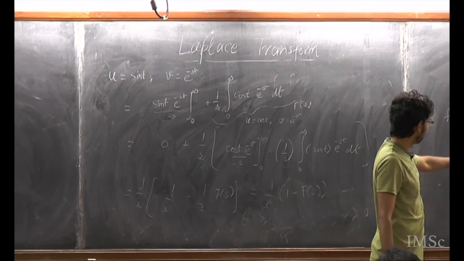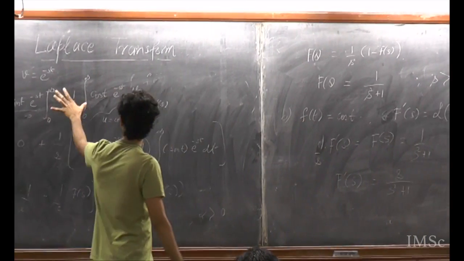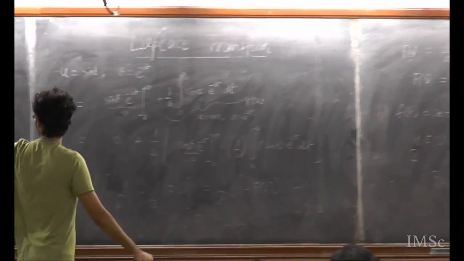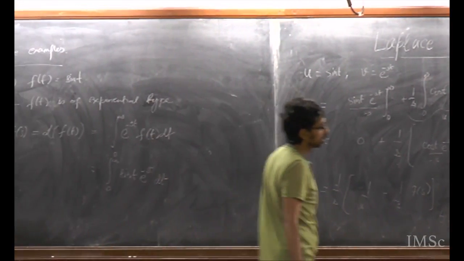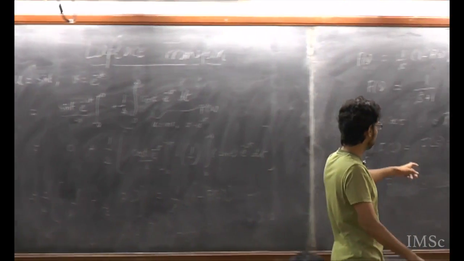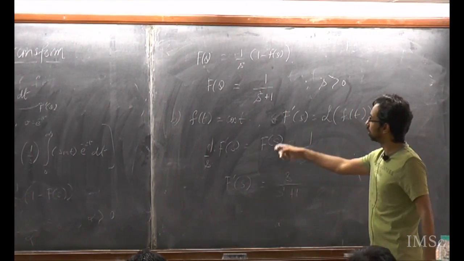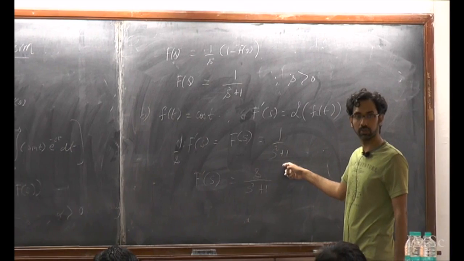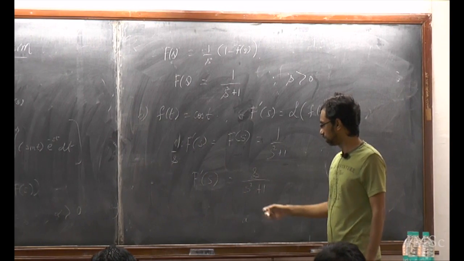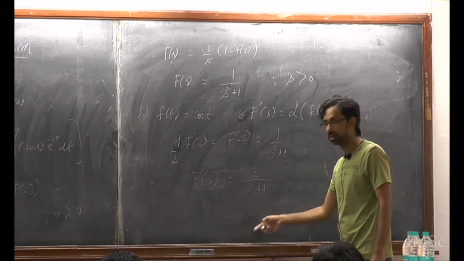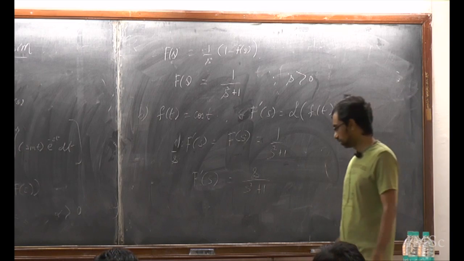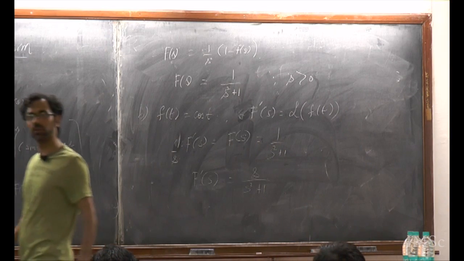So you get 1 over s times F prime(s), this is this one, and on the right hand side you have F(s). Okay? That's how I got this equation. And F(s) you have already computed to be 1 over s squared plus 1. So F prime(s) is s over s squared plus 1. So I think I'm out of time today.